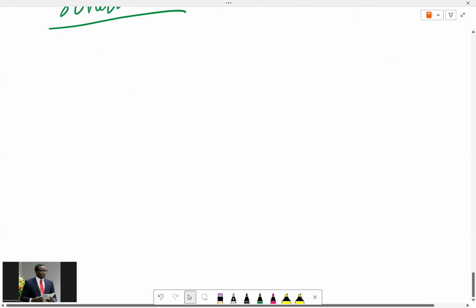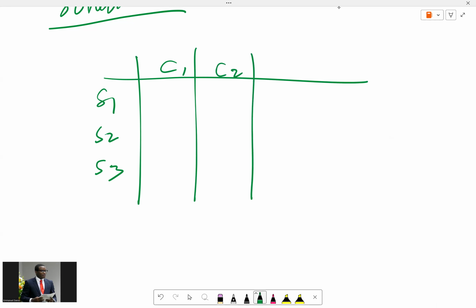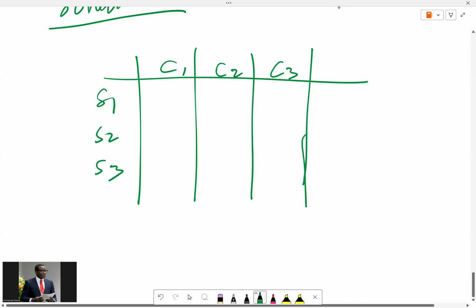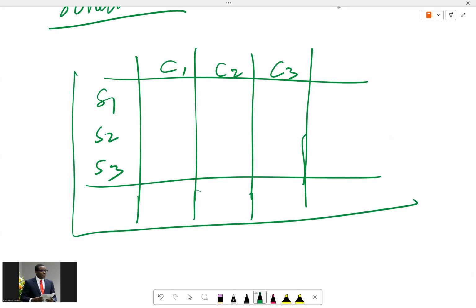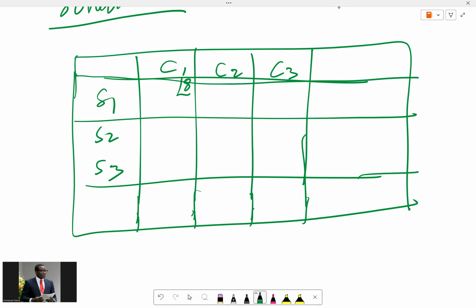So again, let me just draw out the table. We have S1, S2, S3. And we have C1, C2, C3. Again, we have the costs, right? 8, 6, 10.